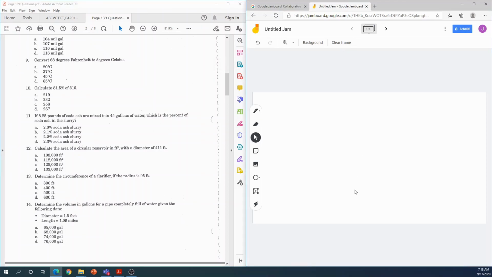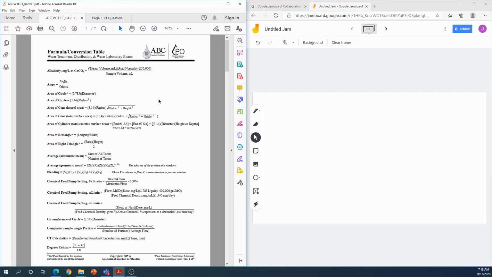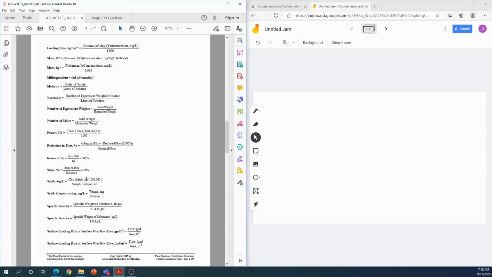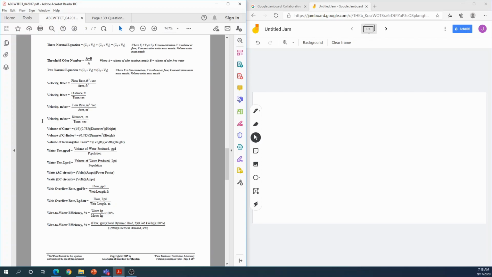Number 14, determine the volume in gallons for a pipe completely full of water given the following data. Diameter is equal to 1.5 feet, length is equal to 1.09 miles. So if we come back to our cheat sheet and we look at the volume calculations, we have volume of a cylinder is equal to 0.785 diameter squared times height.